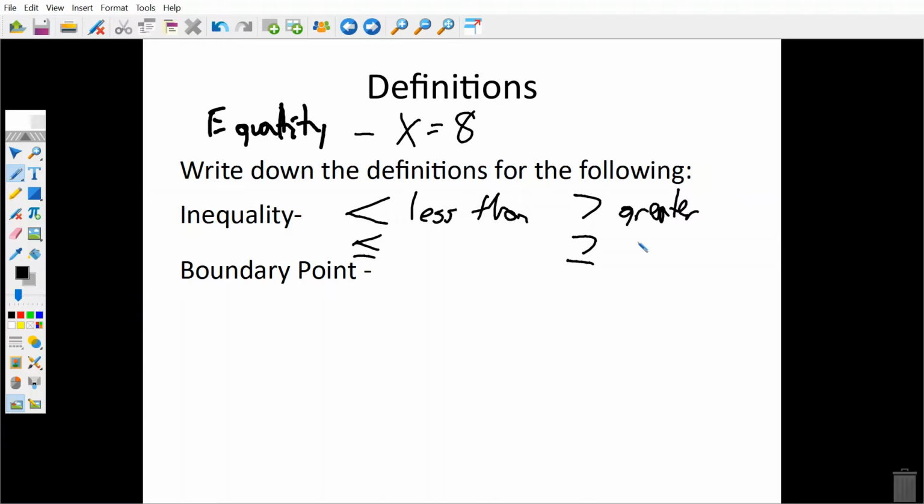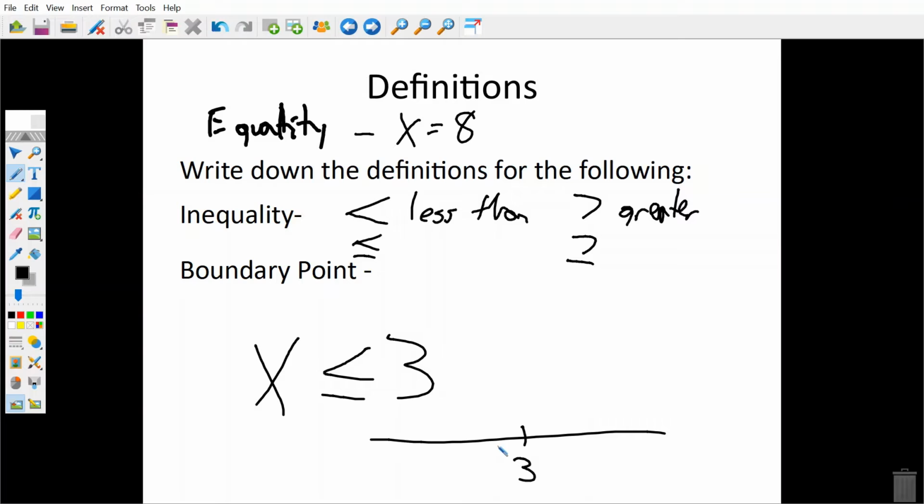Okay, so the process for solving these questions is very similar to Chapter 8, but the phrasing is a little bit different. A boundary point is like this. If we had x is less than or equal to 3, 3 is the boundary point, which means that all numbers that are less than or equal to 3 are possible answers.